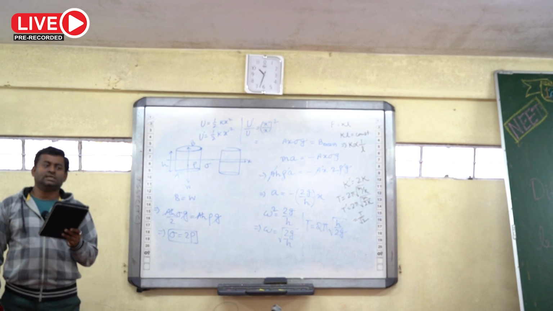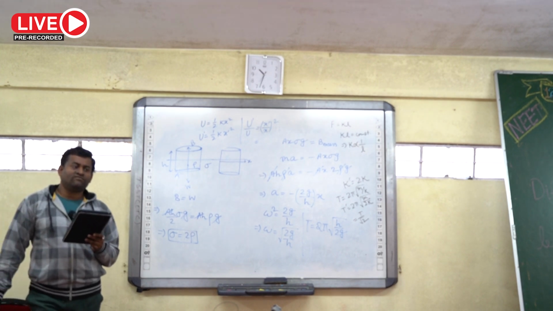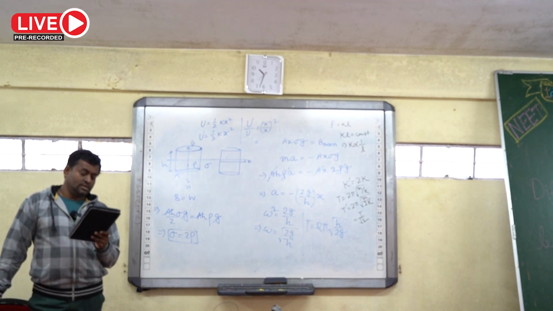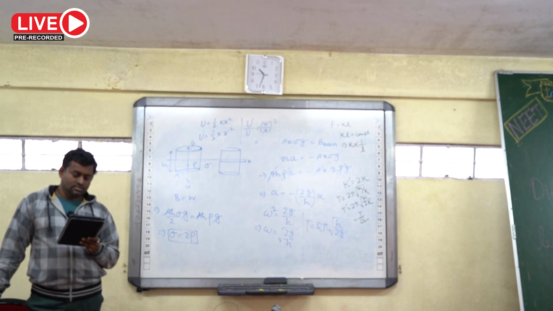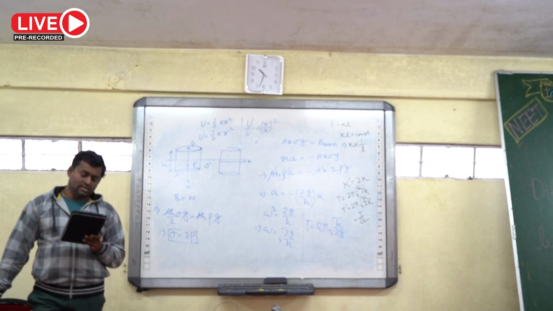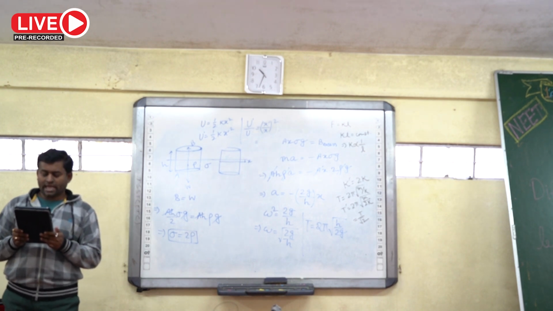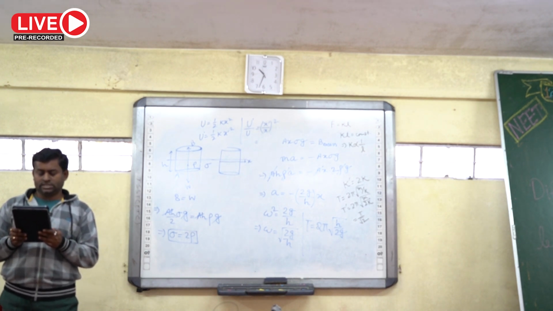For what value of wavelength is the wave velocity equal to the maximum particle velocity?